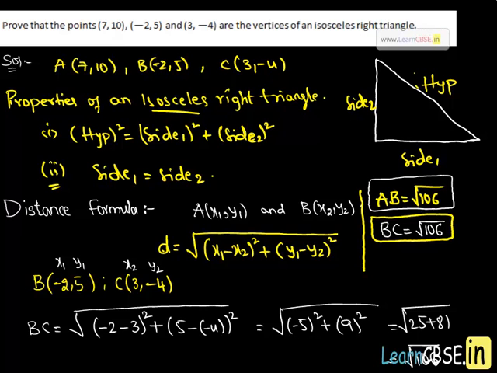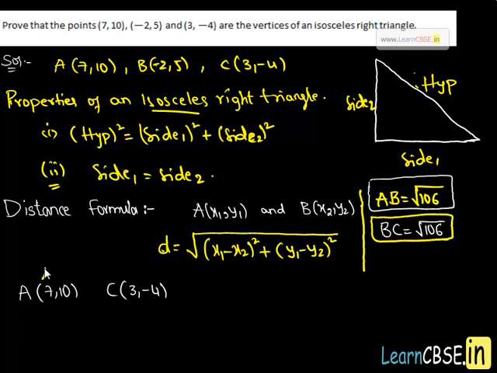Similarly, let us find the length of side AC using the distance formula. In this case, x1 is 7 and y1 is 10, and x2 is 3 and y2 is -4. Therefore, the distance between A and C is the square root of the difference between x coordinates whole square, that is 7 minus 3 whole square, plus the difference between y coordinates whole square, 10 minus (-4).